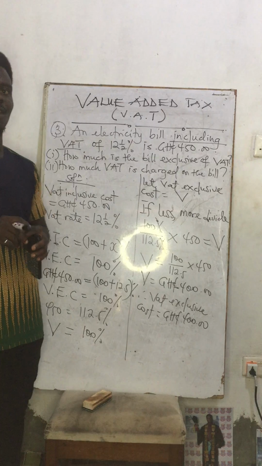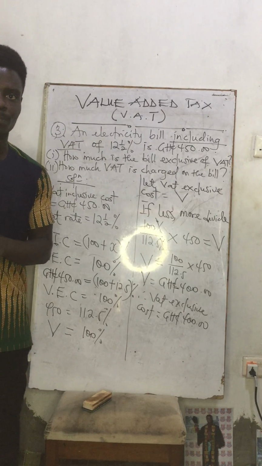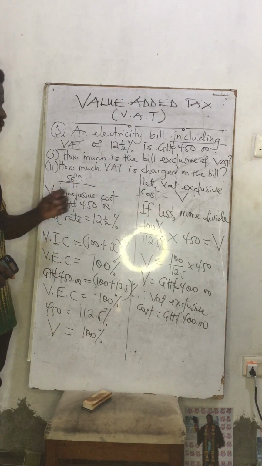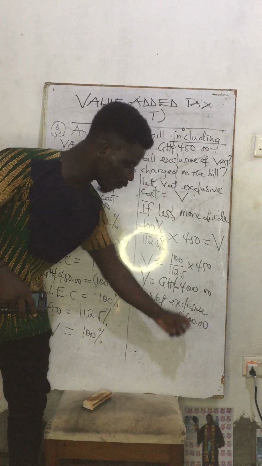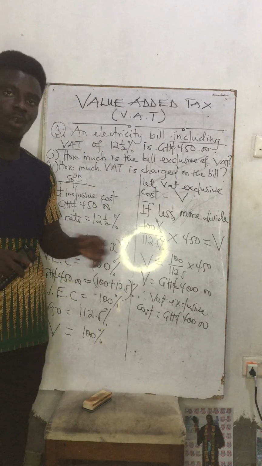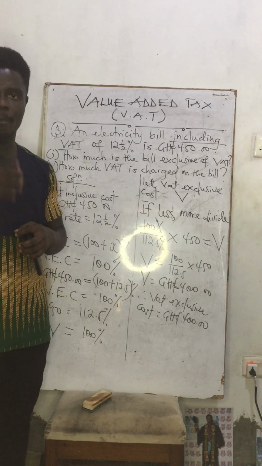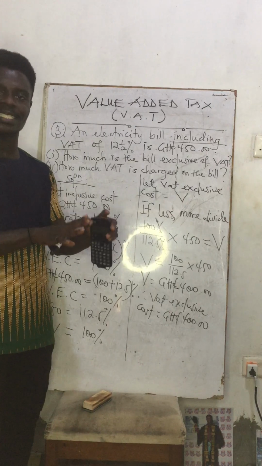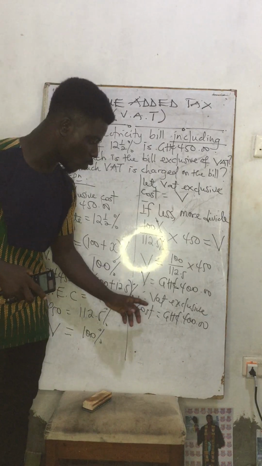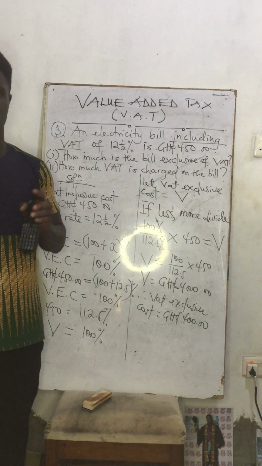We know the VAT inclusive cost is 450, and we've calculated the VAT exclusive cost, the basic cost, as 400, so now we can find the VAT. Or better still, VAT is equal to the rate times the basic cost, because we know the rate of the VAT and we know the basic cost. So you can use two approaches.